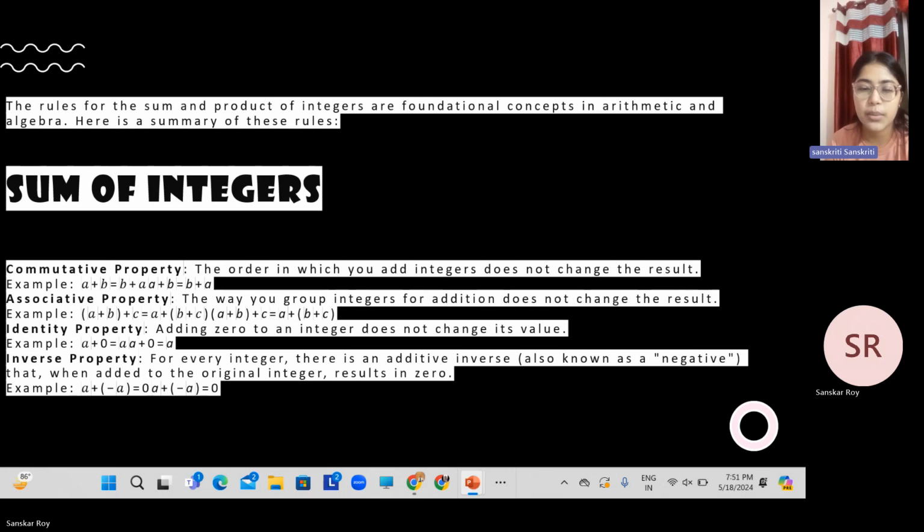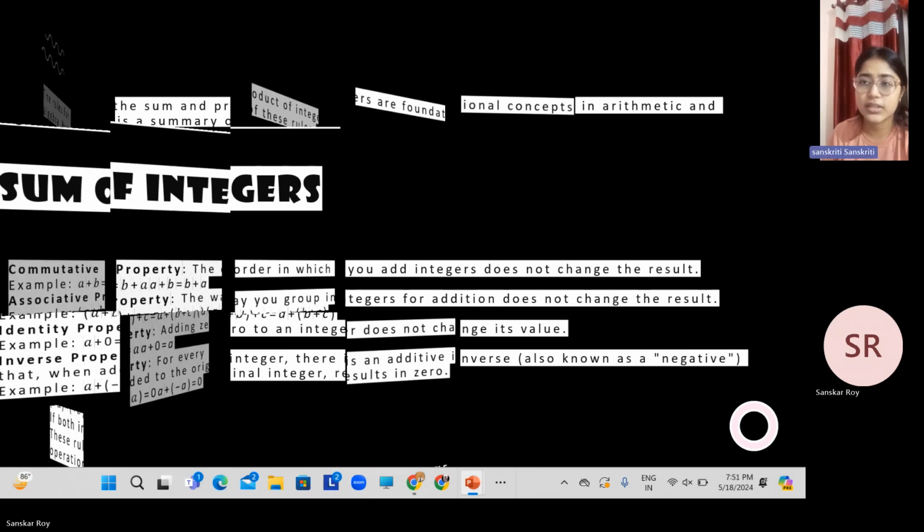Example: a plus 0 will remain a only. Inverse property: for every integer, there is an additive inverse. The additive inverse means a plus negative a will give you 0. So basically in this, you're going to get 0 as an answer.